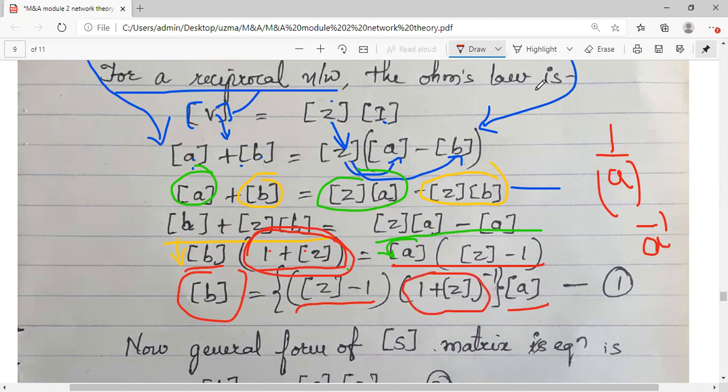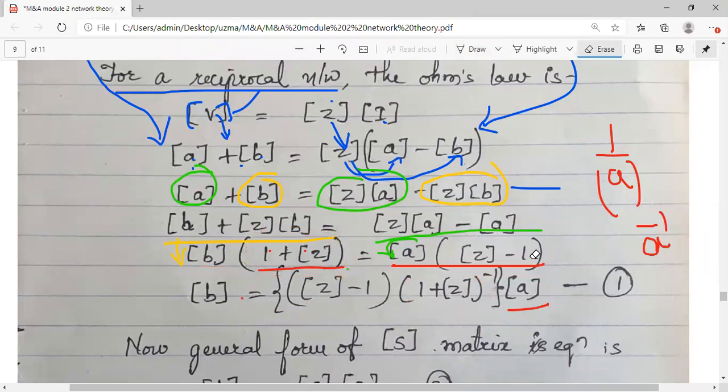I have taken it here in the numerator form. Hope you are understanding what I have done here. Please look at B as it is, A as it is, and Z minus 1 as it is. Only this 1 plus Z I have taken here. If I take it to the other side, it will come in the denominator. That will be the inverse.